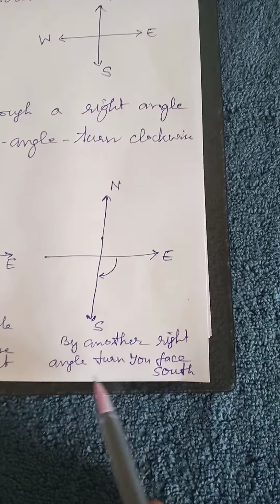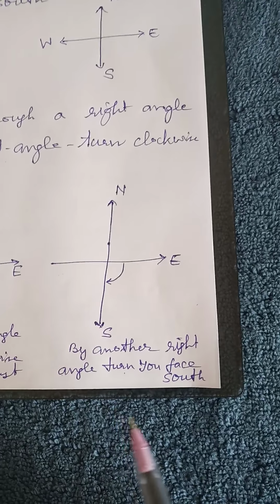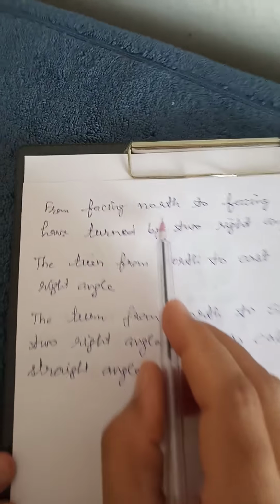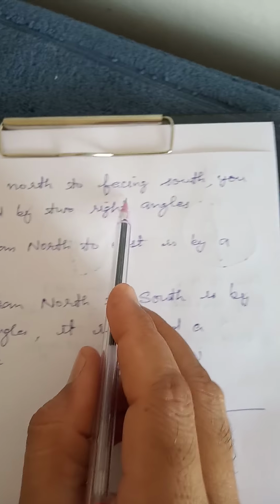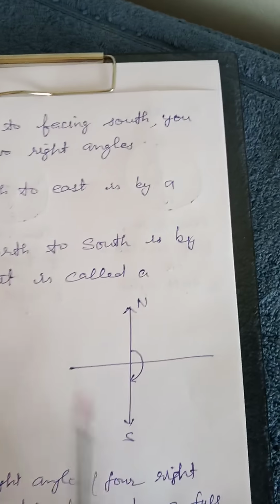By another right angle turn, you face south direction. From facing north to facing south, you have turned by two right angles.